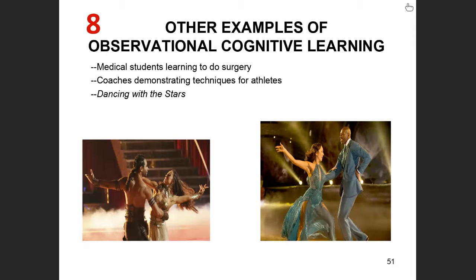So for Chapter 9, the objectives there are understanding encoding, storage, and retrieval in memory, and knowing the difference in sensory, short-term, and long-term memory, and then the different subtypes of long-term memory, and how long-term memories are organized.